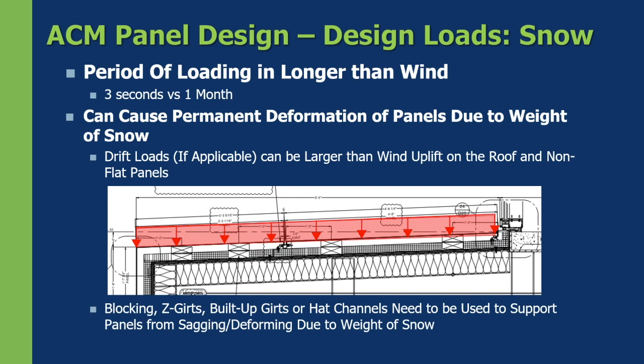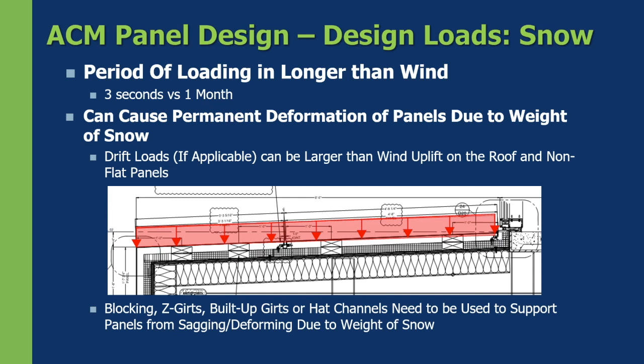Because if the panel does allow that sag, you could have sealant joints between the panels tear. You could have sealant joints between the panel and the main building fail, and water could get into the main structure of the building, and we all know that is a no-no.